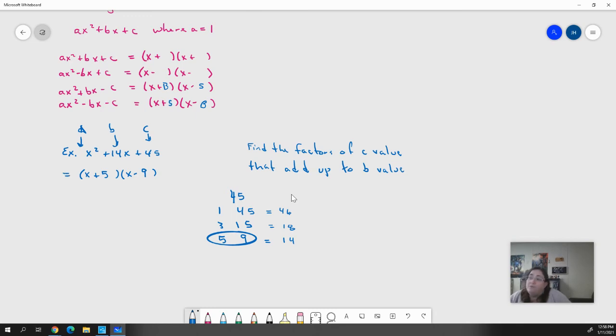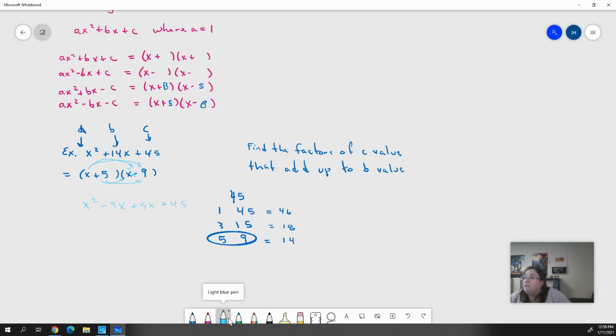You can always tell if you're right by distributing that out. If I distribute these out just to see, x times x is x squared, and x times 9 is 9x. 5 times x equals 5x, and 5 times 9 equals 45. Sorry, everything there is positive. I don't know why I had a negative there.